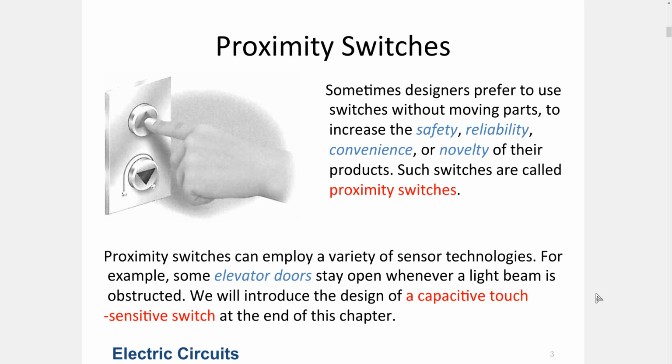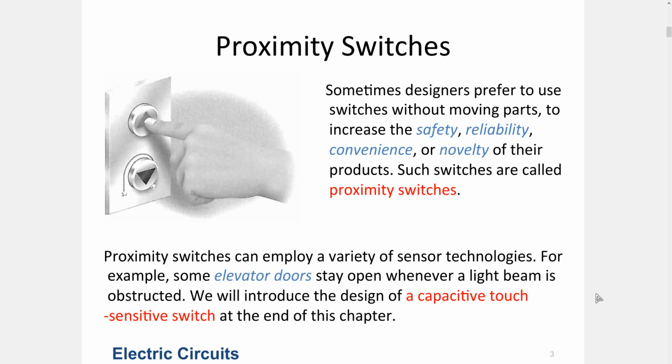This kind of switch is called a proximity switch, and it can employ a variety of sensor technologies. For example, some elevator doors stay open whenever a light beam is obstructed.